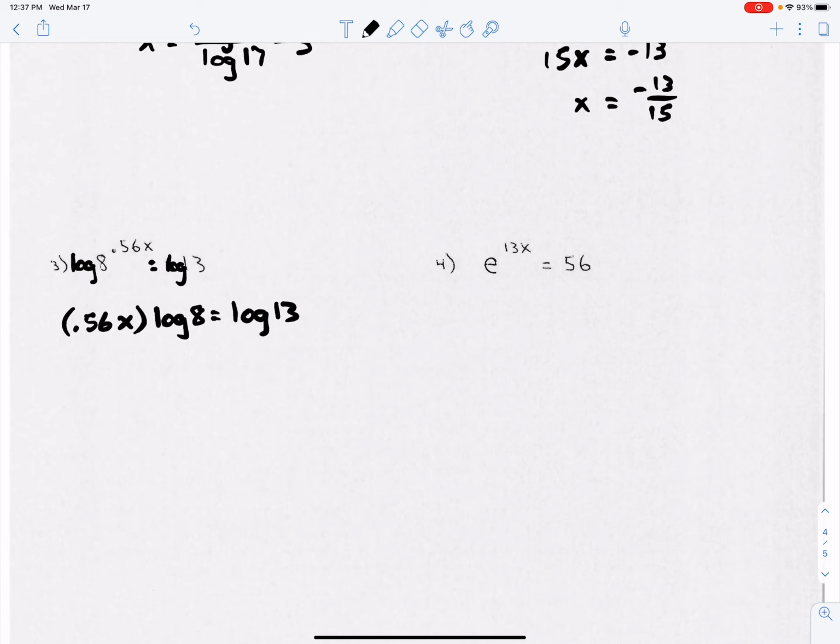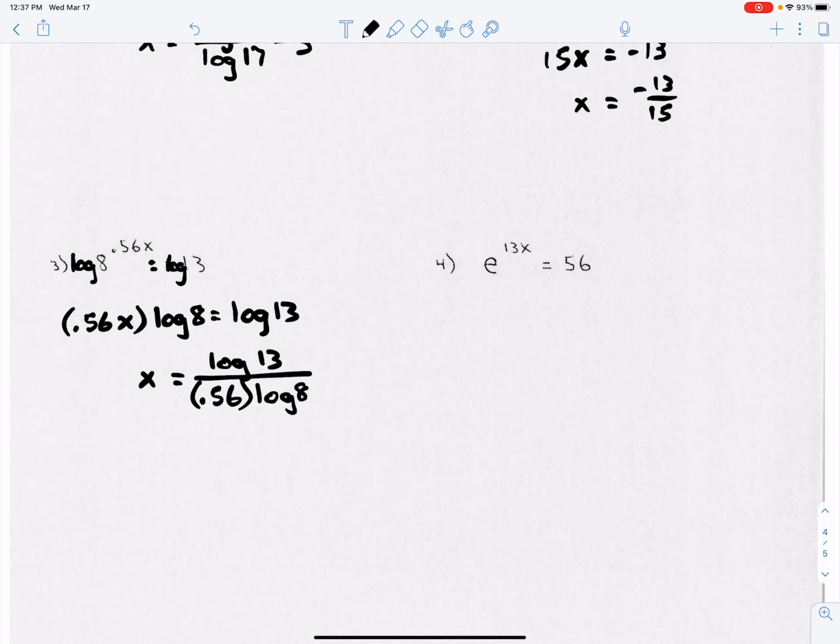Now, I can get rid of the 0.56 and the log of 8 at the same time because they're both multiplied by x. So I'm going to divide by the 0.56 and the log of 8 at the same time. And then that's calculator ready form.